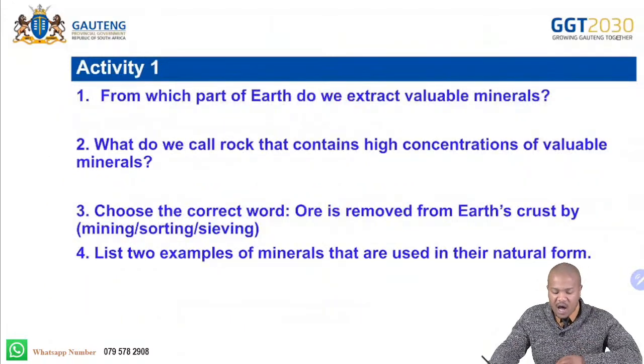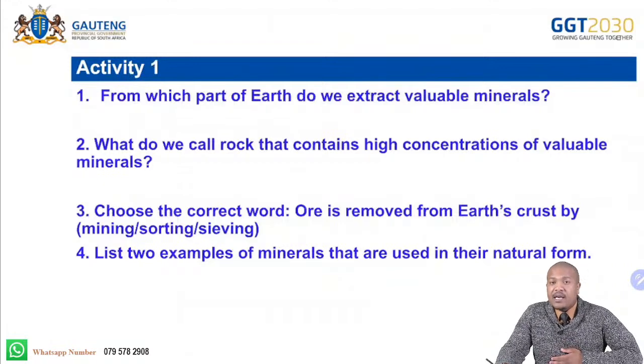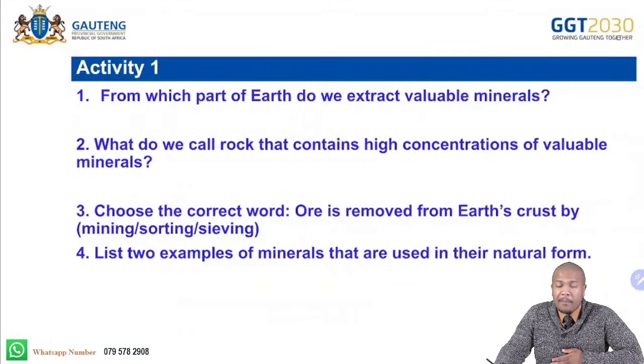But for now, I want us to look at activity one and try to answer as far as we understand. Number one: from which part of the earth do we extract valuable minerals? Number two: what do we call the rock that contains high concentrations of valuable minerals?